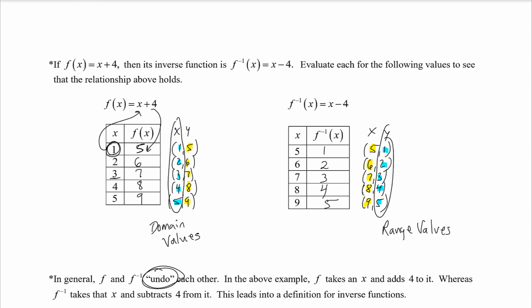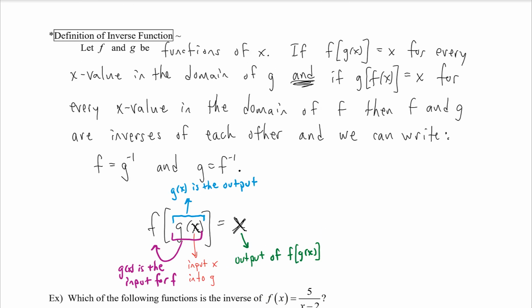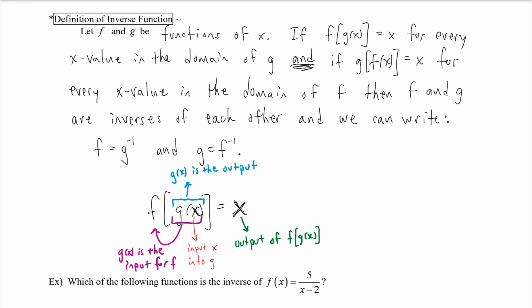But then you take that number, 5, you plug it into the inverse, it gives you back what you started with, which was 1. And that's what this definition is saying. In symbols, though, it's saying you start with an x, you plug it into a function, it does its thing, the output becomes the input of another function, and then when it does its thing, if it gives you back x, which is what you started with, then they're inverses of each other.